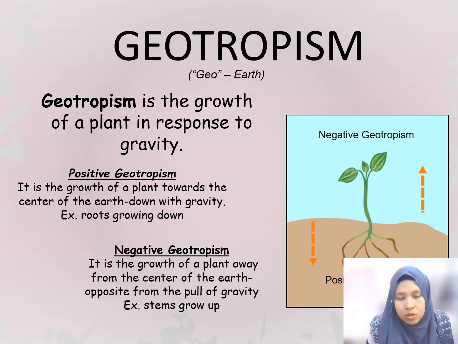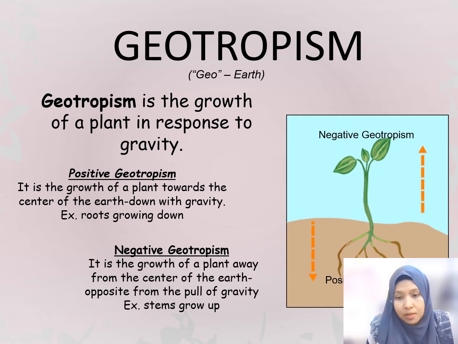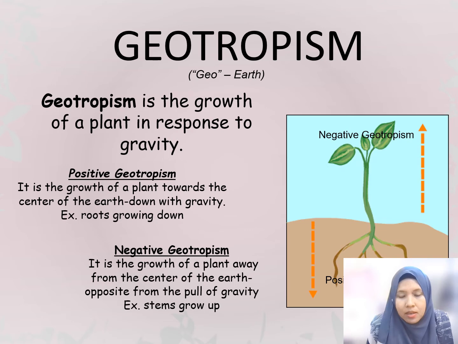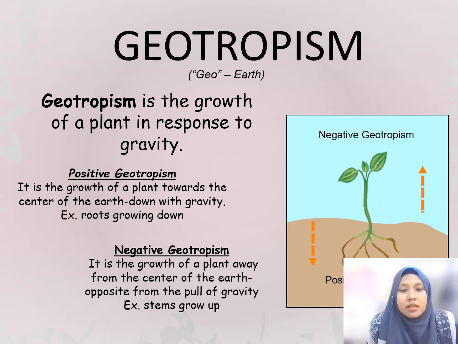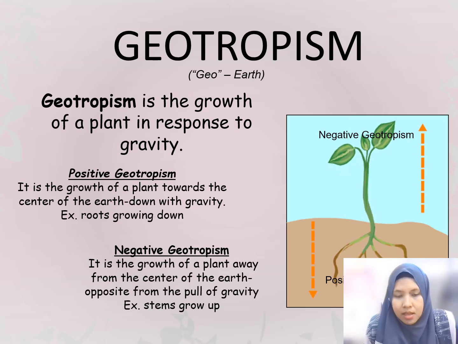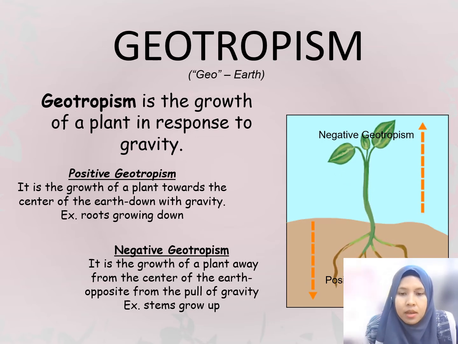Positive means when the plant moves towards the stimulus. So when the plant, in this case the root, moves towards the gravity, meaning downwards, then it is having positive geotropism. So for example, the roots are growing down.